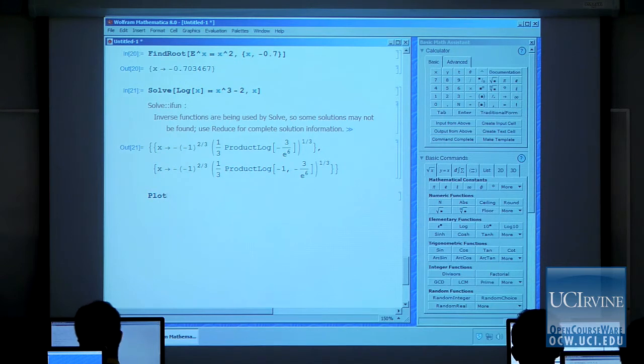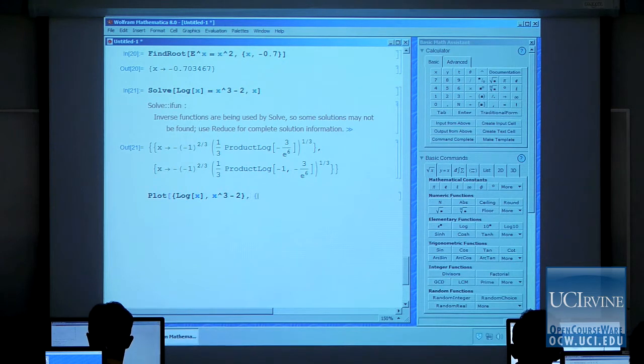So say plot, curly, log of x, and x cubed minus 2. And I'm going to plot this between, what am I going to plot it between? 0 and 2.